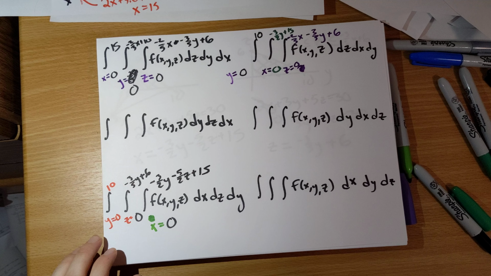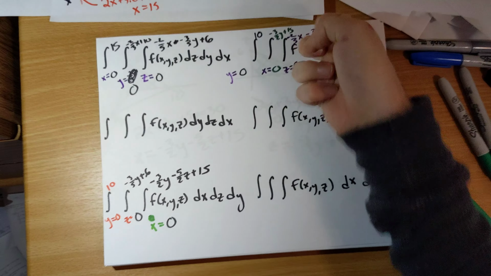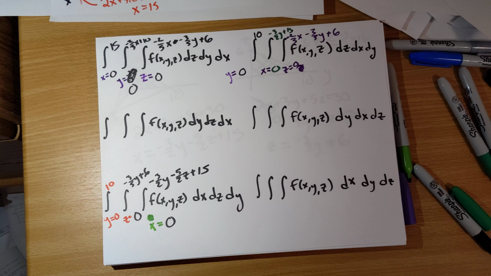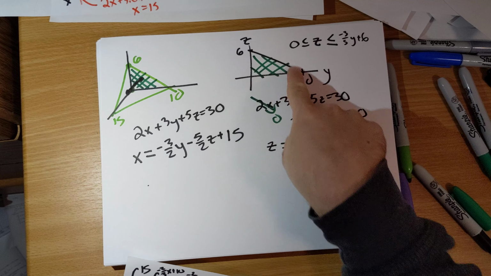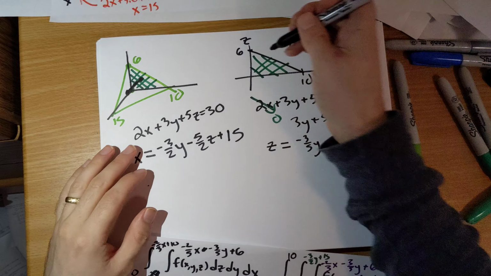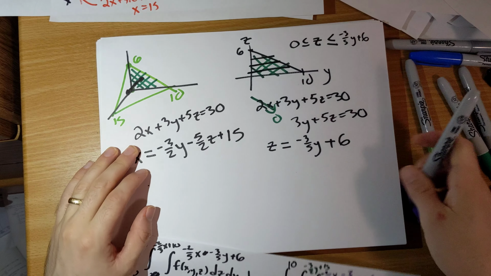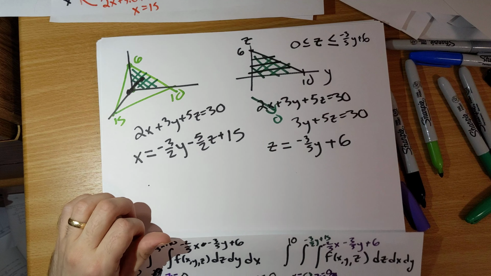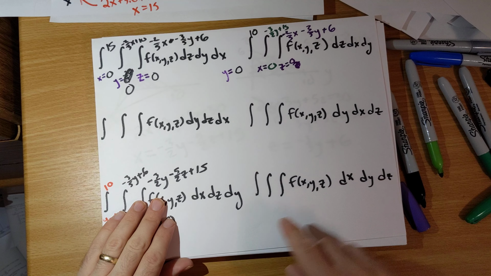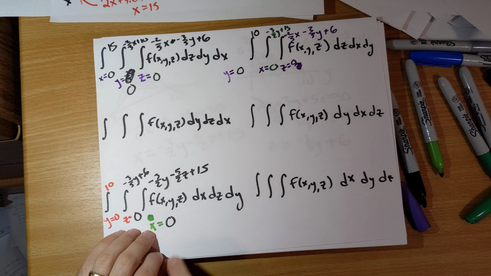Okay, so I did 3 of the possible orders here. This one would be dx, dy, dz, so the same picture, but now we slice it, setting up the y bound in terms of z. But then the x bounds would stay the same.